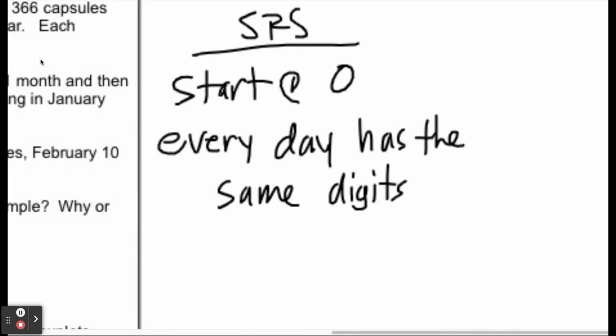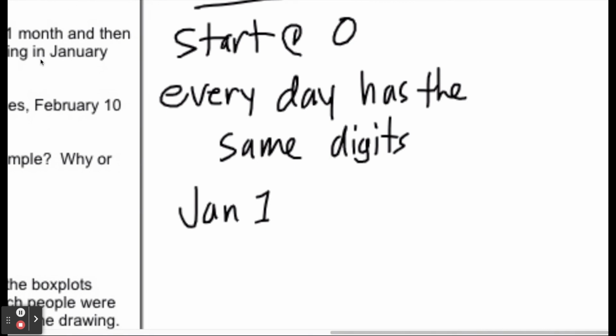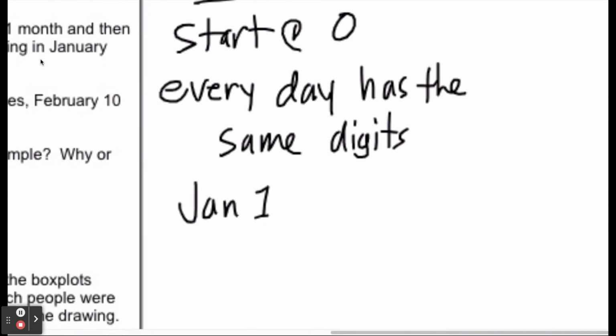So here's what that means. If there are 366 days, that means that December 31st, the last day of the year, is going to be represented by a 3-digit number. Okay? So then that means that the first day of the year, January 1st, also needs to be represented by a 3-digit number.